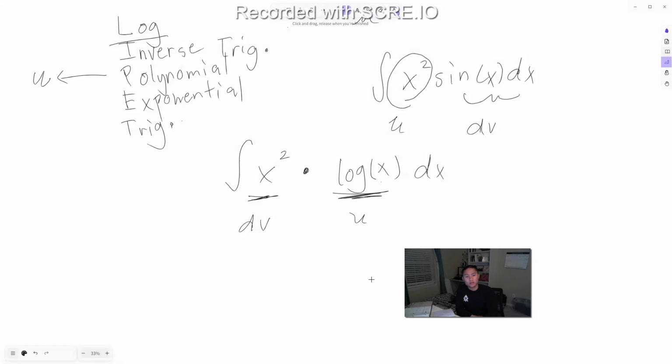Taking the integral of x squared is as simple as x to the n plus 1 over n plus 1, where n is equal to 2 in this case, versus taking the derivative of log of x, which we know is just 1 over x.